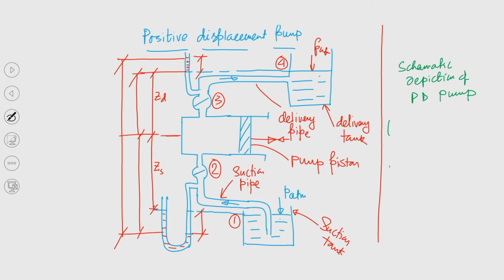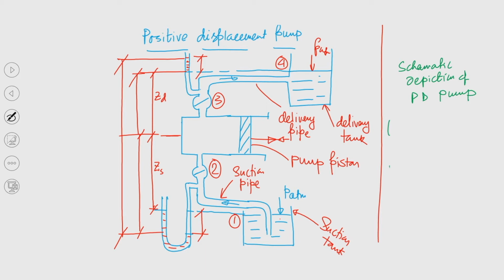energy at point 1 per unit mass of the flowing fluid, right. See, here liquid is entering to the suction pipeline against a pressure, that is atmospheric pressure.